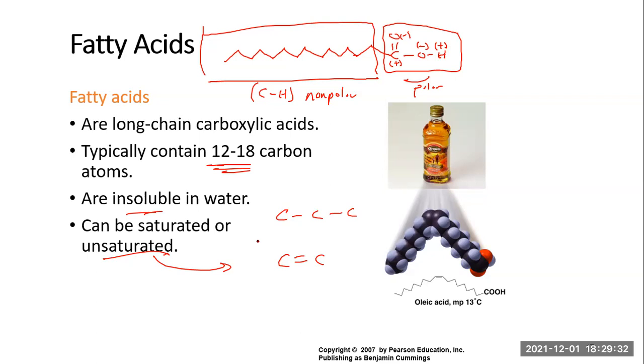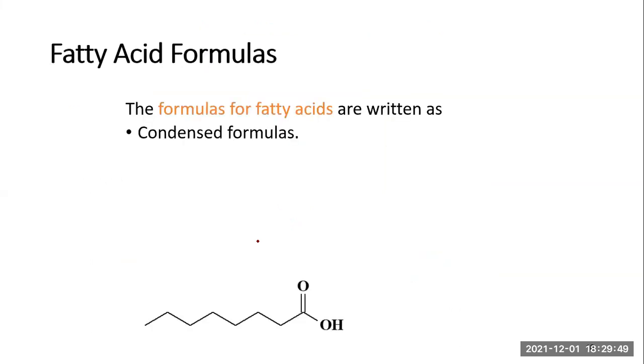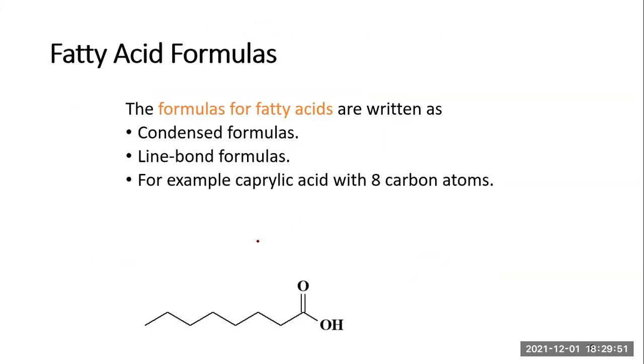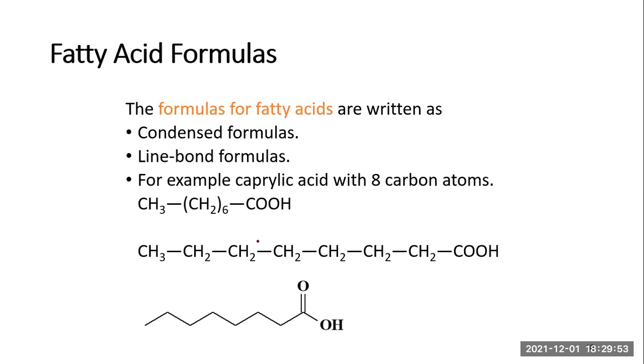So we could have saturated fatty acids and unsaturated fatty acids. Unsaturated fatty acids would have a double bond, at least one, maybe multiples. Saturated would have no double bonds. And the presence of those double bonds, or the lack of double bonds, also gives these guys different types of properties.